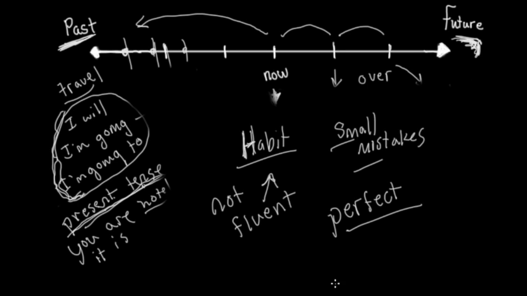Because if you can be perfect, and if you can make this really easy for yourself, if you can do this automatically, then you're going to sound much more natural. Then you can start using difficult words, complicated sentence types, right?